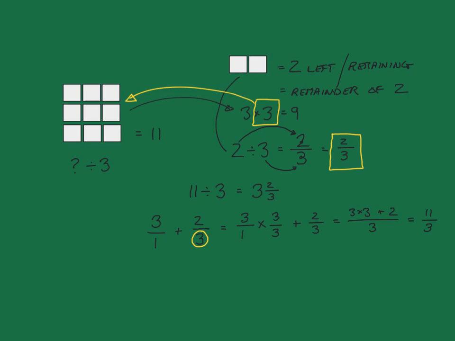Because when we take away the thing we're dividing by, in this case 3, as many times as we can, 3 times in this case, when we're taking it away from 11, then we get 2 left over, and so we get 3 and 2/3 as the answer, which is the same as 11 divided by 3.